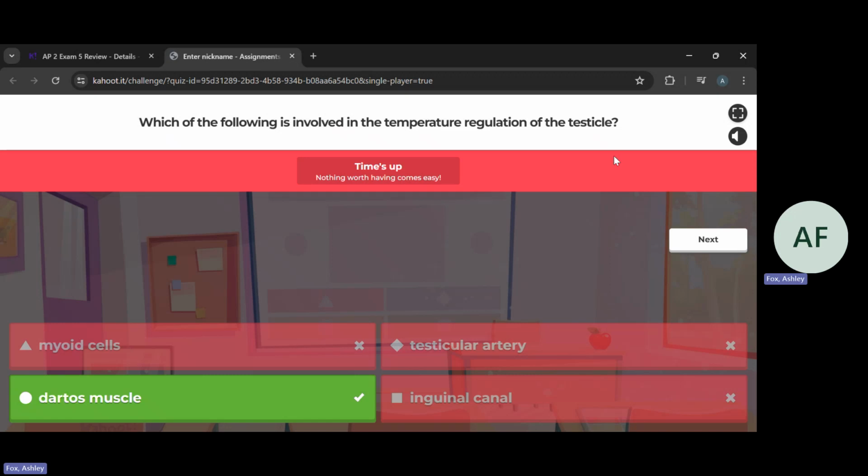The other one is the cremaster muscle that goes down the spermatic cord and pulls the testicle towards the body. The last one would be the pampiniform plexus. So the veins, remember the venous blood is cooler than the arterial blood that's coming down from the aorta. So the veins can actually absorb heat from the artery to help with temperature regulation of the testicles as well.